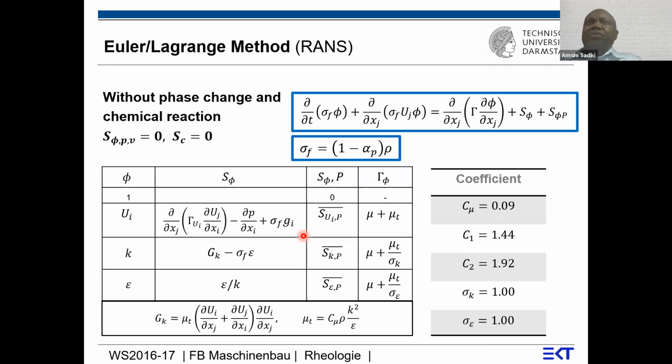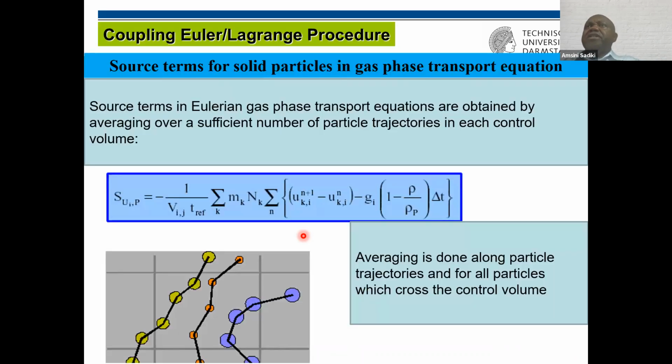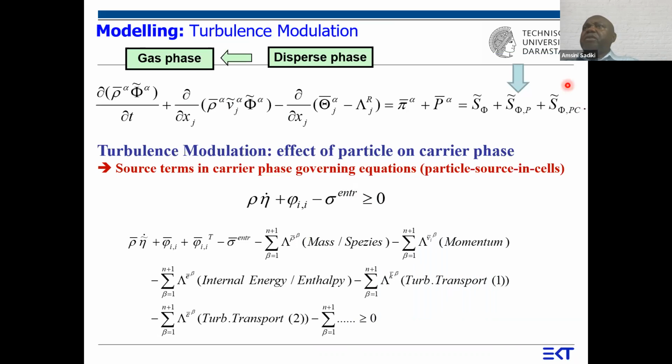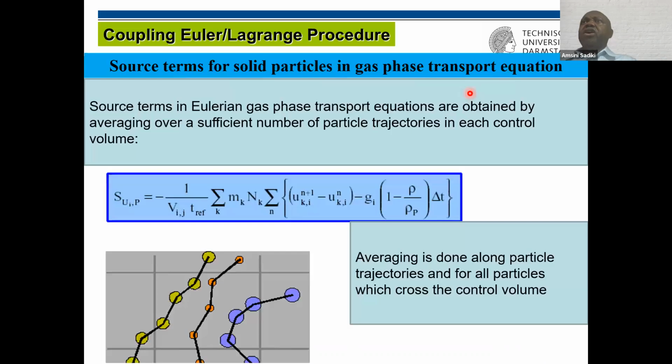If we don't consider the phase change and chemical reactions, this means that in this equation, the chemical reaction part and also the phase change is not included in this term. And here we have the classical source term, as I told you, the non-convective flux.